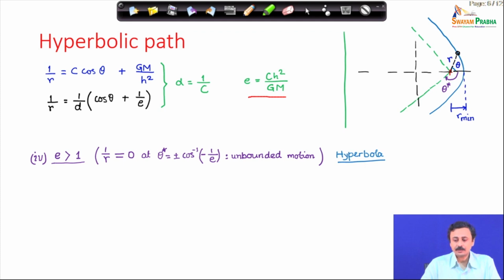It will be in the second quadrant or the third quadrant. So, you will have theta in the second quadrant for this to happen. Now, this is a hyperbola. Of course, this is an unbounded trajectory.